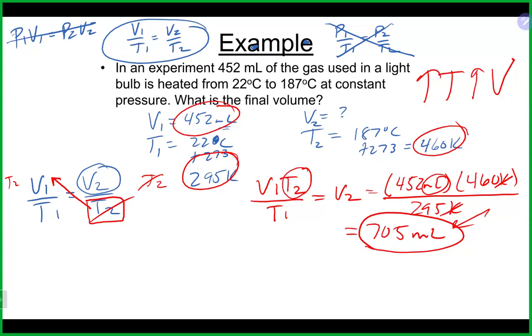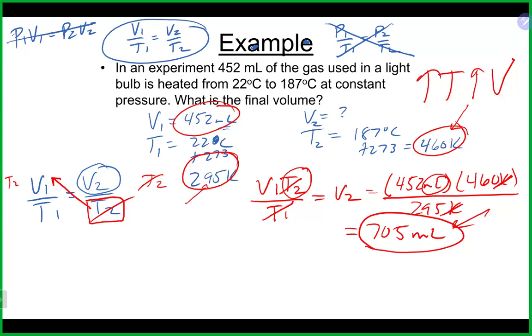The final answer is in milliliters. The Kelvins cancel out since there are two temperatures. Yeah, so these two temperatures here basically cancel out. Truthfully, we should probably round on that. Since we did convert to Kelvin, these numbers technically end up at about three significant figures, although the 460 depends on how you write it.